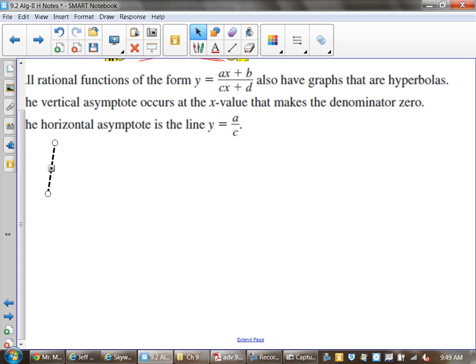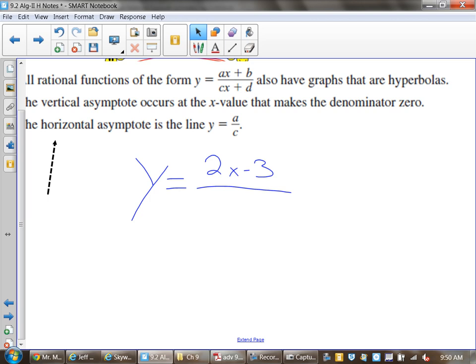If I write this out in terms of an equation so you can visualize what this looks like, you'll probably pick up on it real quick. If I say it's y equals 2x minus 3 over 4x plus 5, from here I just want to go ahead and identify where my asymptotes are first.